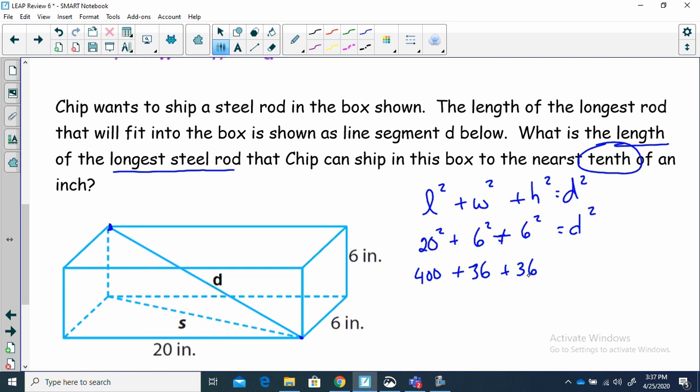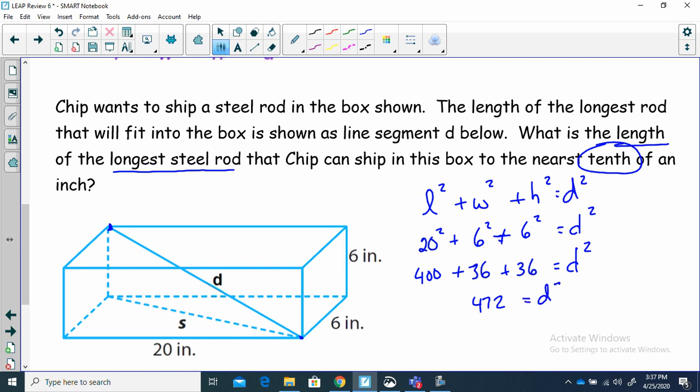Let's substitute 36 in place of 6 squared. And that will give me D squared. Now let's add these up: 400 plus 36 plus 36. And that would give you 472. We would substitute 472 for 400 plus 36 plus 36.